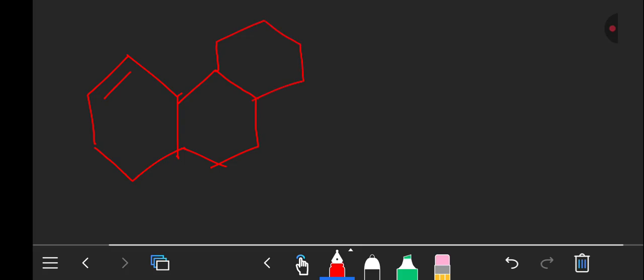I'll have a structure which looks like this, okay? Then this one can be bonded to a certain chain. Then we have oxygen there.